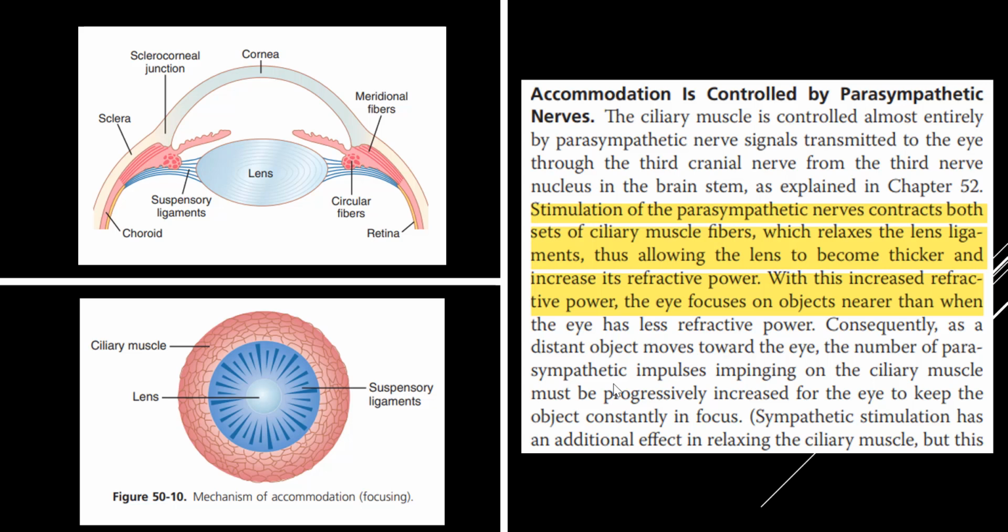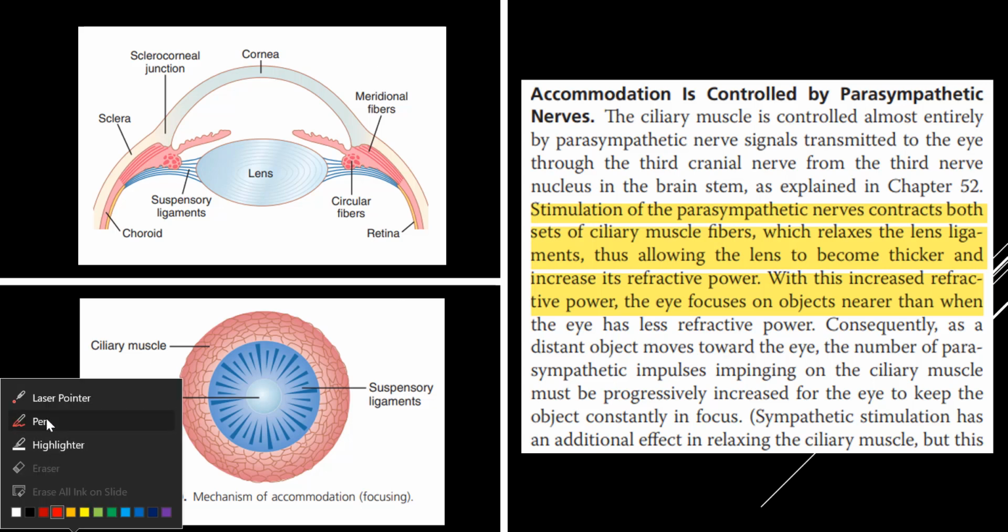Accommodation is controlled by parasympathetic nerves. If you remember, the parasympathetic system is rest and digest, and when you are resting, you are looking at near objects. To look at near objects, you need higher refractive power with a thicker lens. That's why the parasympathetic nervous system will activate the ciliary muscle, leading it to contract.